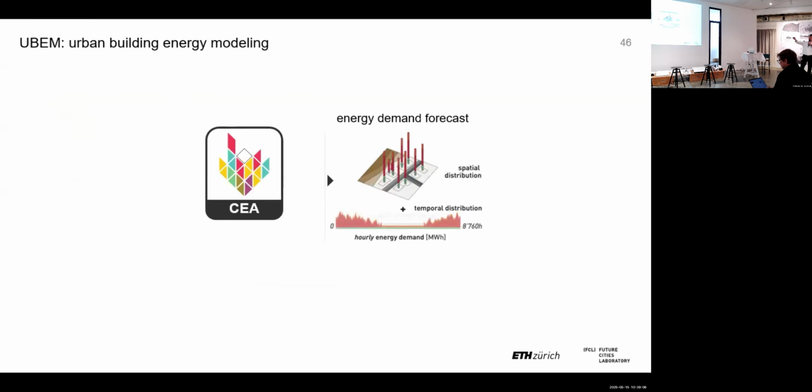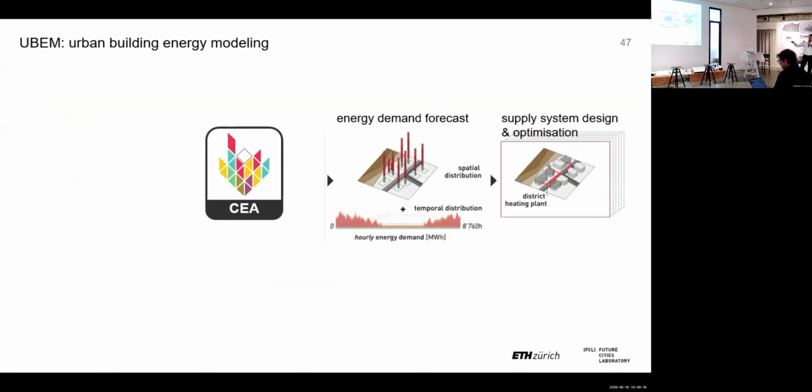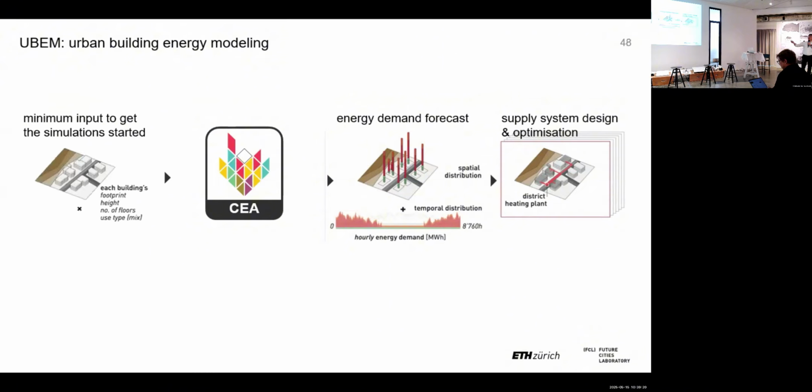Following this concept, I'm briefly showing the workflow I just introduced. With CEA, we generate the energy demand results, which is the energy demand forecast. Based on that, CEA can auto design the supply system and optimization. As we try to make this model very easy, we minimize the input requirements to more or less building volumes, how many floors, and what the use types are.